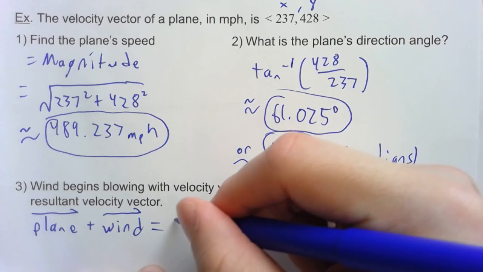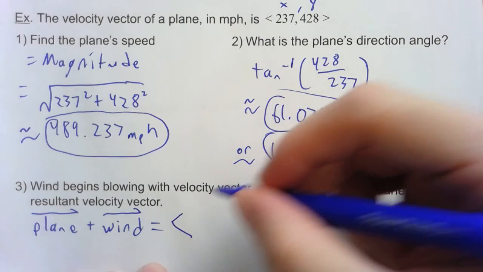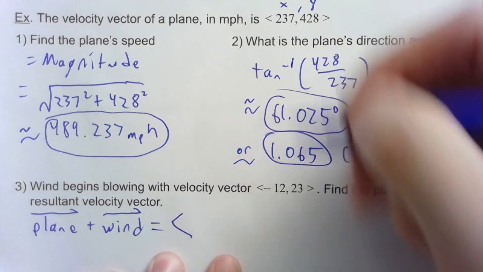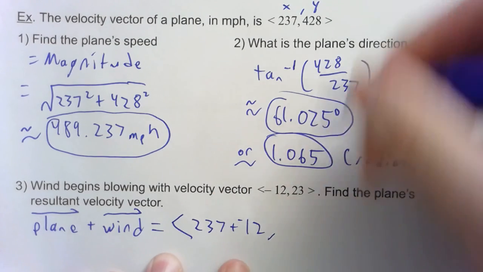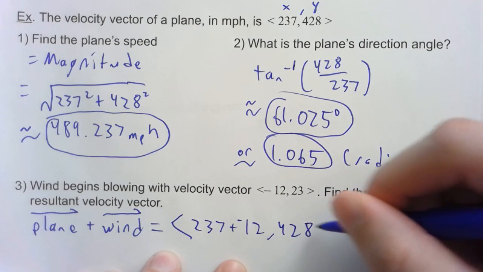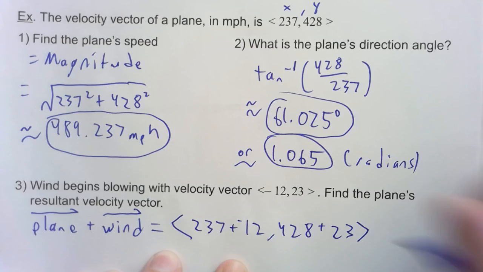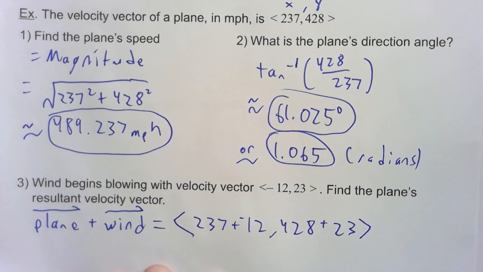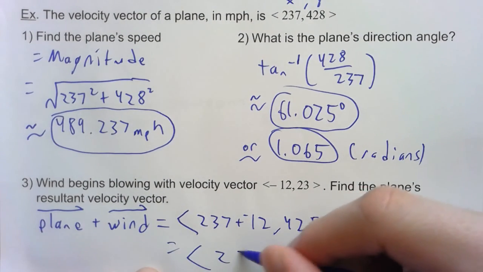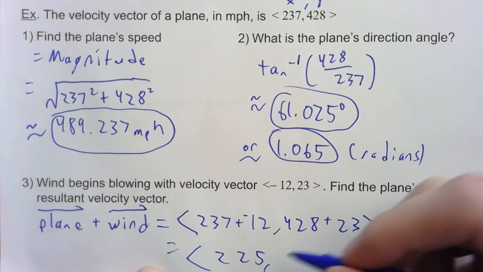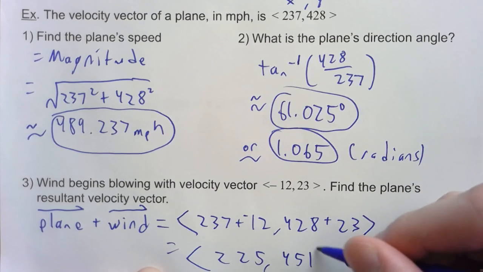So if we want to add these 2 together, we just take the 237 plus the negative 12, and we add the 428 plus the 23. Just add the x's, add the y's. And so then my new vector is 225, 451.